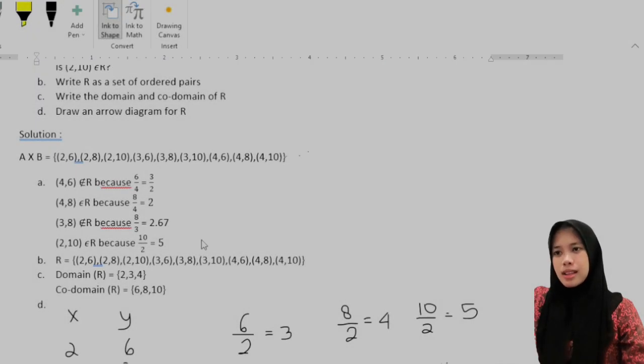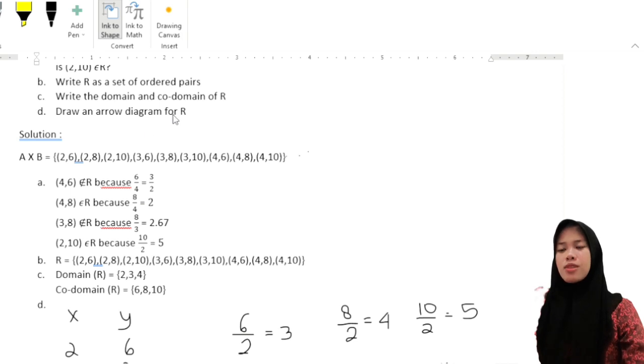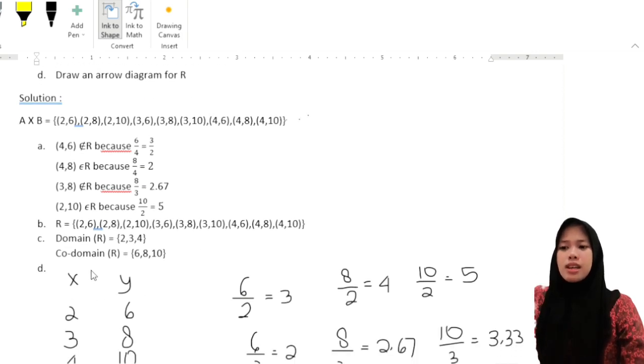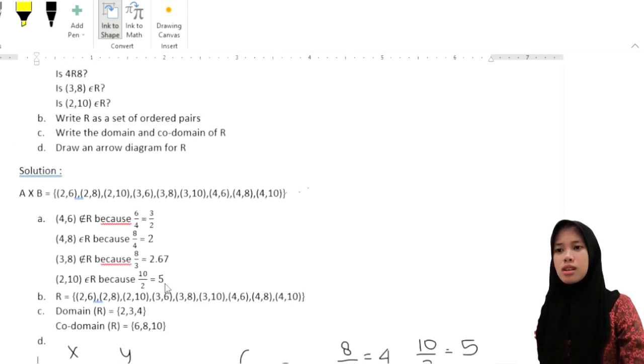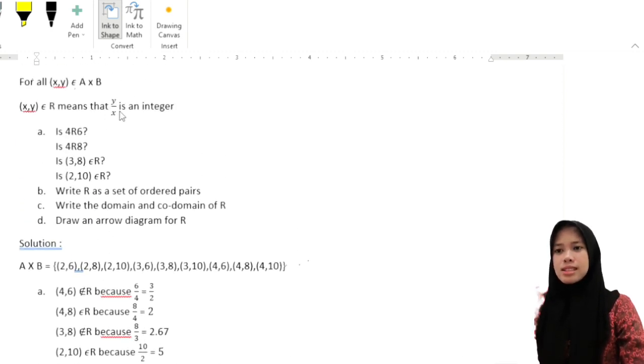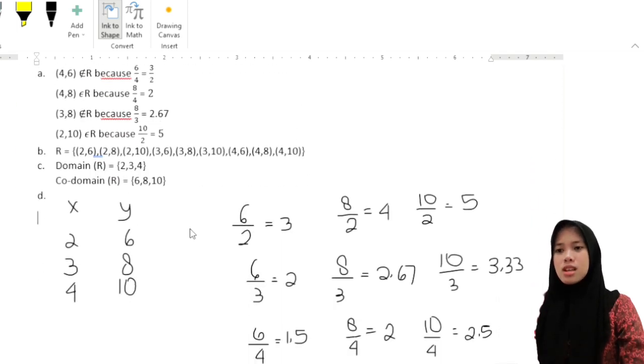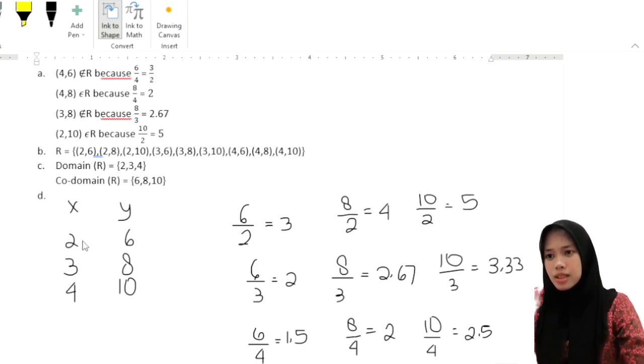The last, letter D. Draw an arrow diagram for R. Arrow diagram, here is our x, our domain, and y, our codomain. So we're just going to connect them. 2 related to 6 with the condition y over x is an integer. So 6 over 2 equals 3, and 3 is an integer. So let's draw a line, 2 to 6.